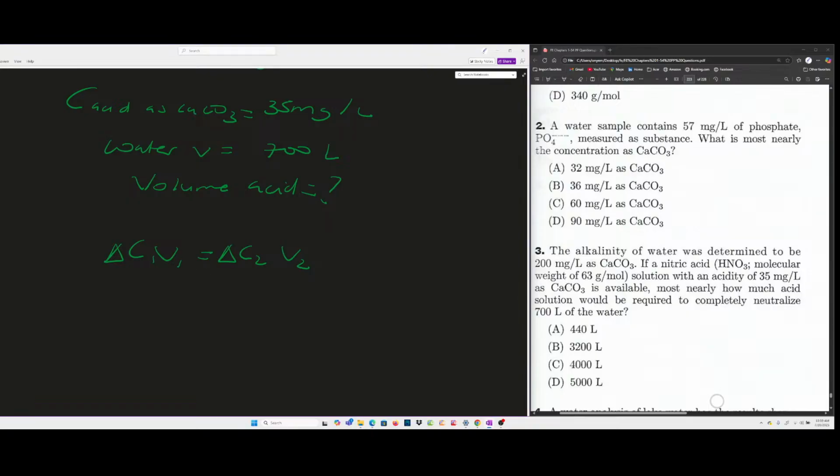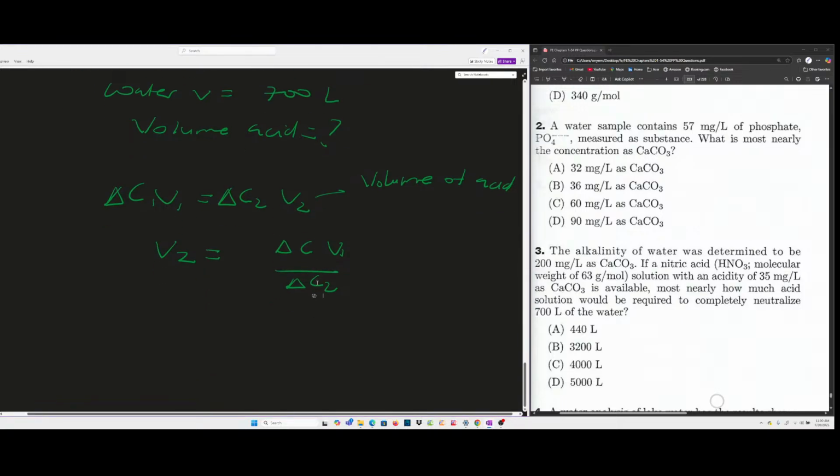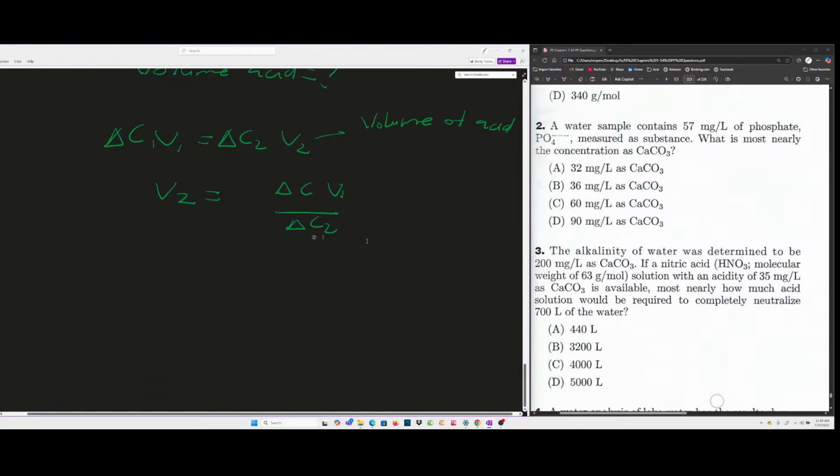Since we know we're looking at the volume of the acid, let's call the volume of the acid V2. So V2 is going to give us change in C1 times V1 over change in C2. We have the concentration C1.